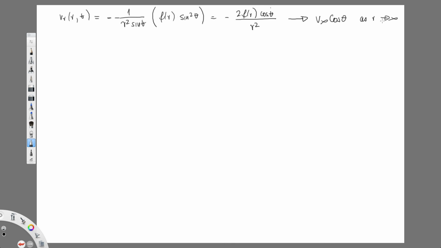So when I plug in f of r, f of r over r squared is what? It was c1 over r cubed plus c2 over r plus c3 plus c4 r squared.